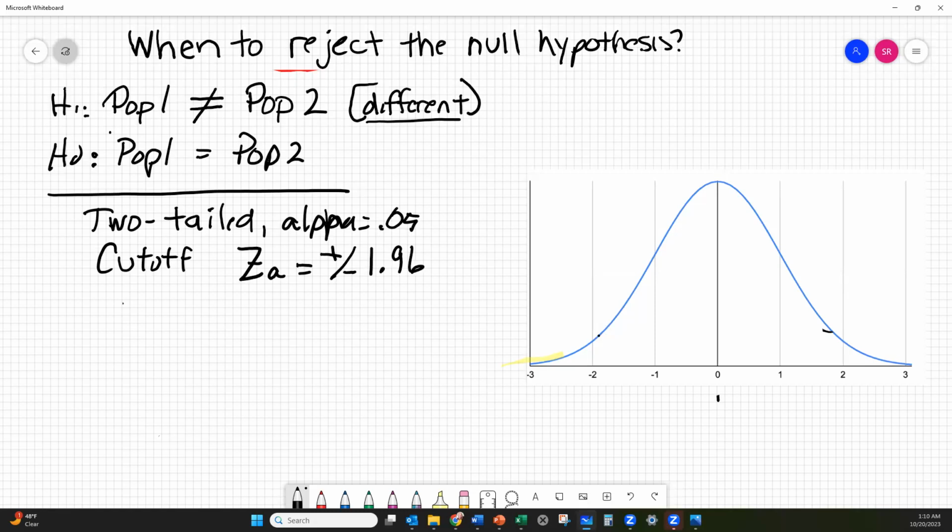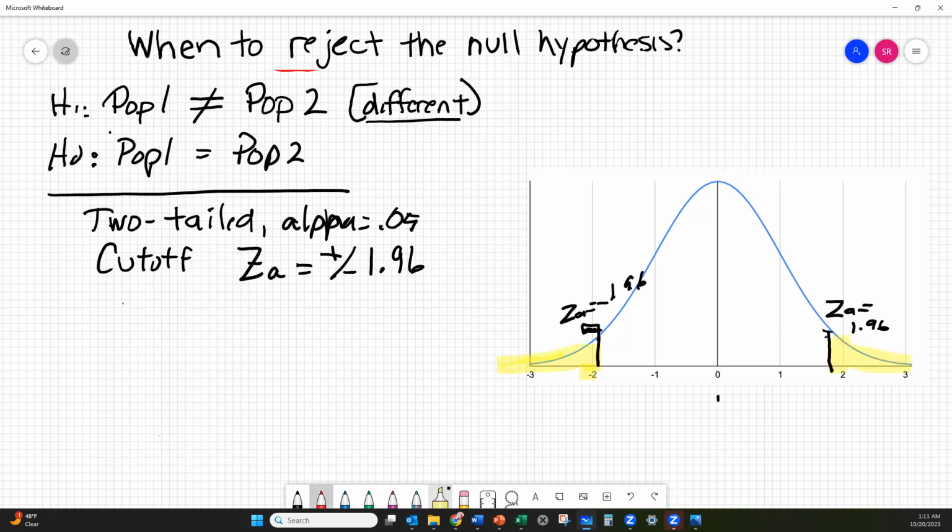And so we draw this into our distribution. Z alpha is minus 1.96. And again, in this tail, Z alpha is 1.96. We shade in both tails of the distribution.